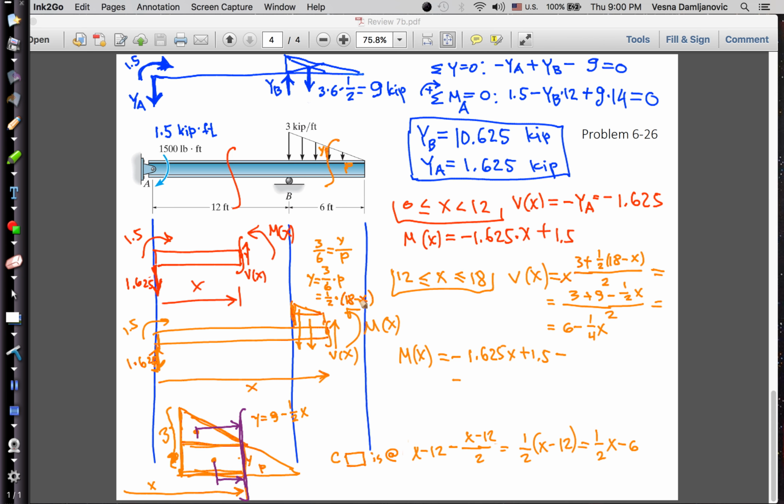The y is that. And the length is x minus 12. So it will be (x minus 12) times the y. So that's just the force of the rectangle. And then times this guy, which is 1/2 x minus 6.